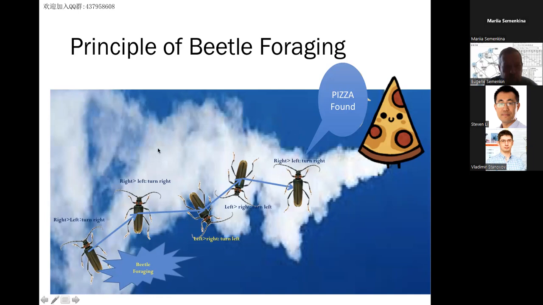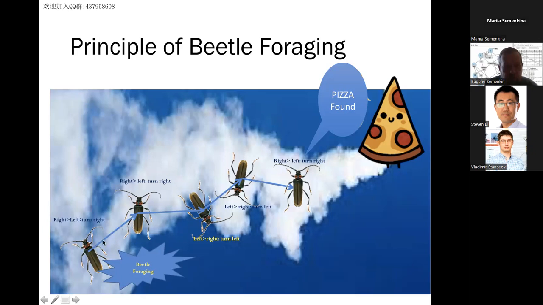The mechanism is pretty simple. Look at the beetle at the beginning over here. There are two antennas, the left one and the right one. If the smell measured by the left antenna is higher than the right antenna, it will turn left. Reversely, if the right antenna gets a higher smell strength, meaning that the pizza must be located in the right direction, the beetle will turn to the right.